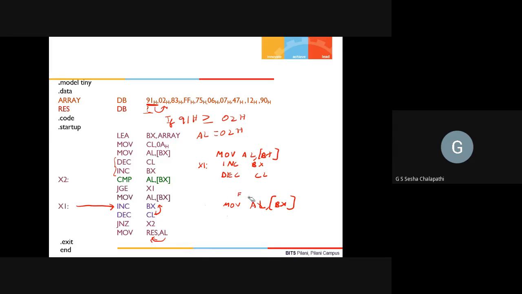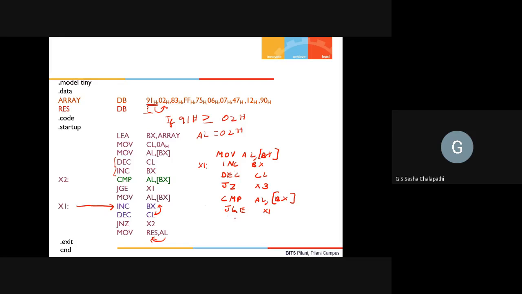If you want, I can do it this way, but I will have to add something like JZ x3. And then I decrement CL. Then I have a comparison operation CMP AL, BX brackets, and then I have JGE x1, jump if not greater, then go to x1, right?